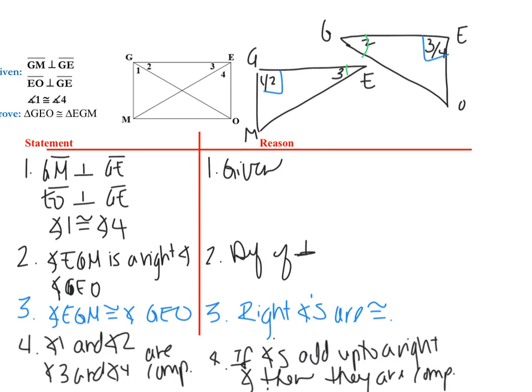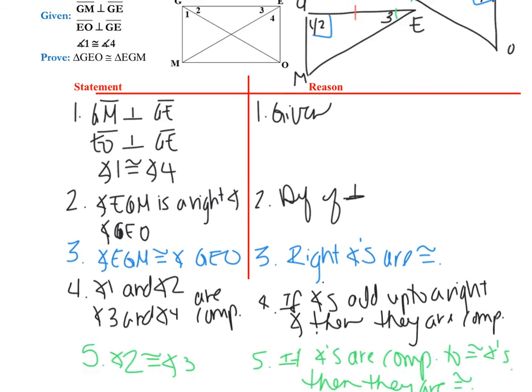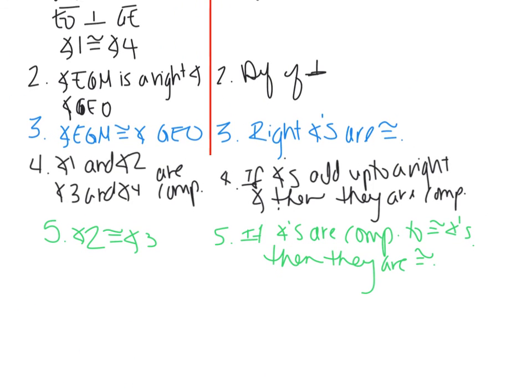Okay, so we know we're going to use some type of angle, side, angle. Well, if we look at what I drew up separately, we can see that GE is congruent to GE. Both triangles share the same segment. So GE is congruent to EG by the reflexive property.